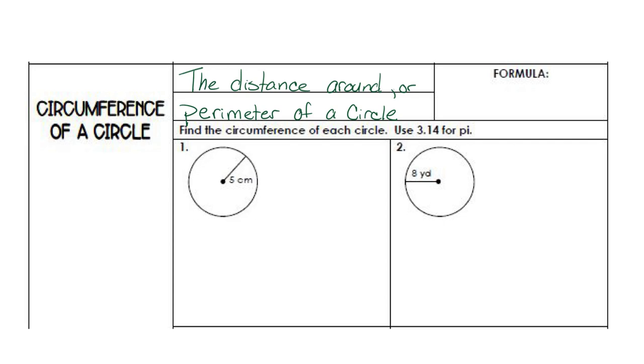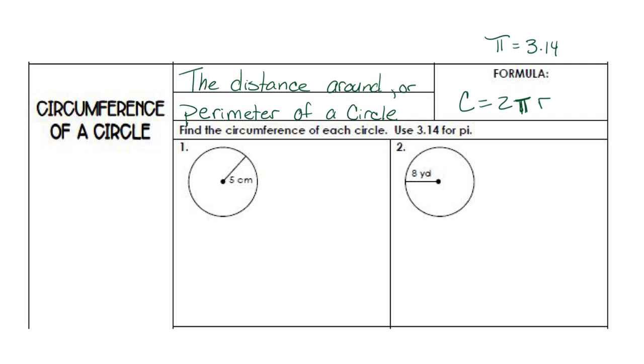And the formula for figuring out the circumference is C equals 2 times pi times r. So 2 pi r. Again, this is pi, and pi is going to equal 3.14 for our calculations.